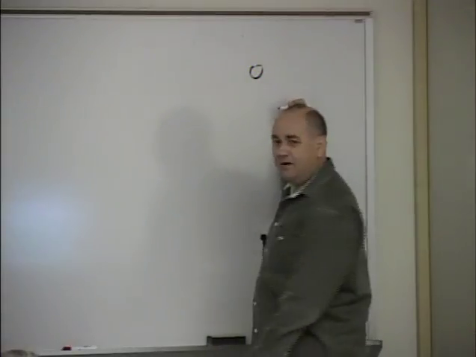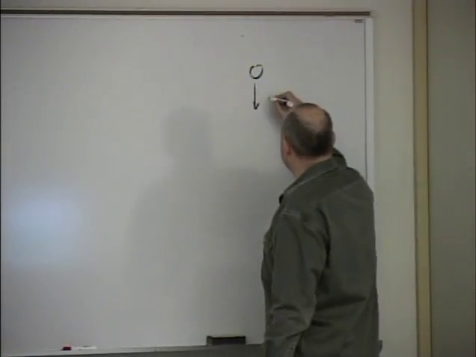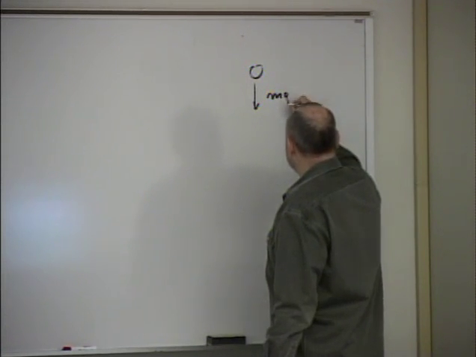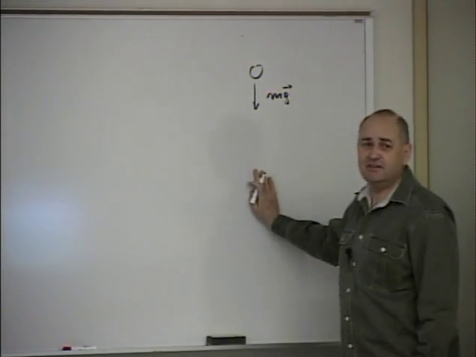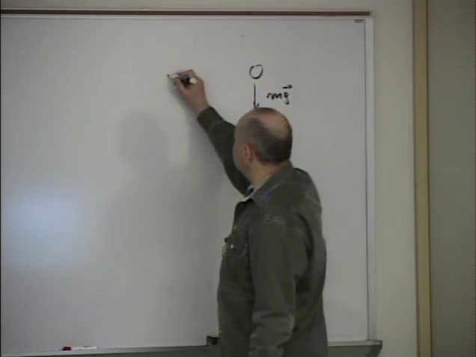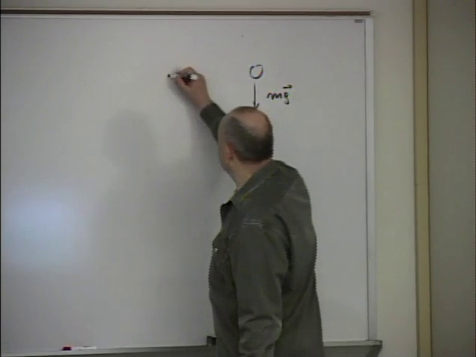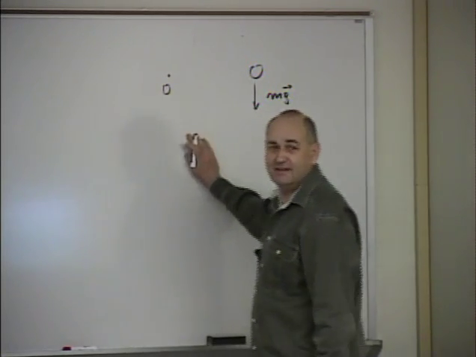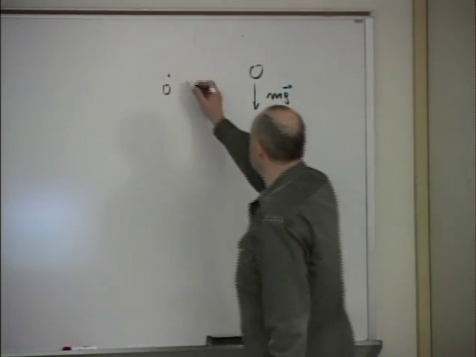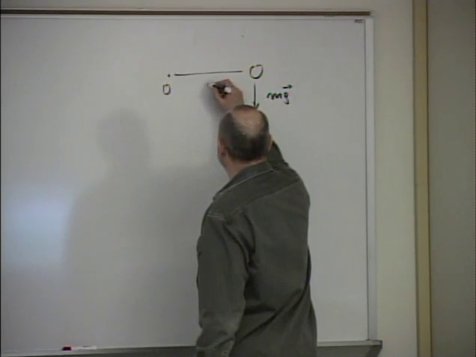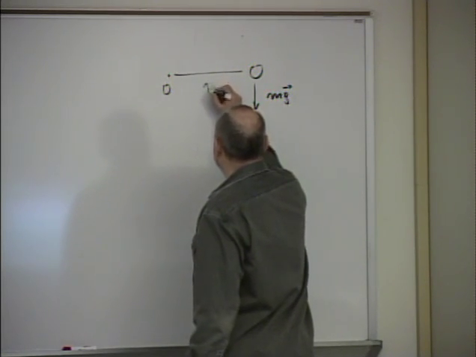So here I have a ball. Well, there's a gravitational force exerted on it. I will choose this reference point over here. This is the reference point. And let's say that this distance over here is r.